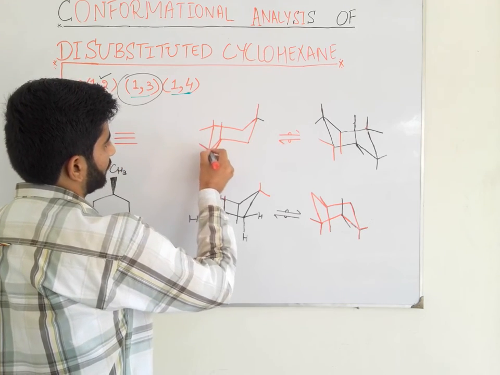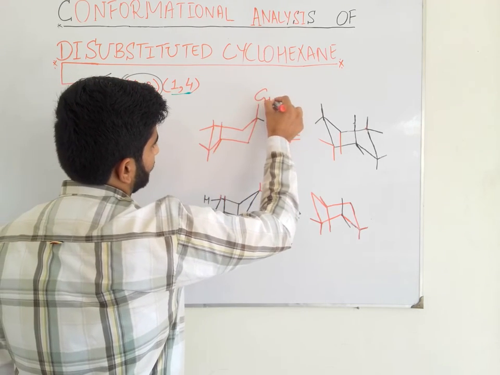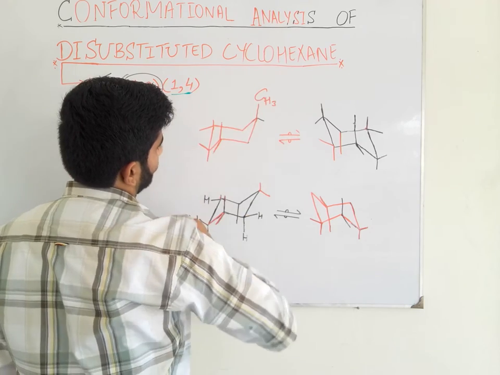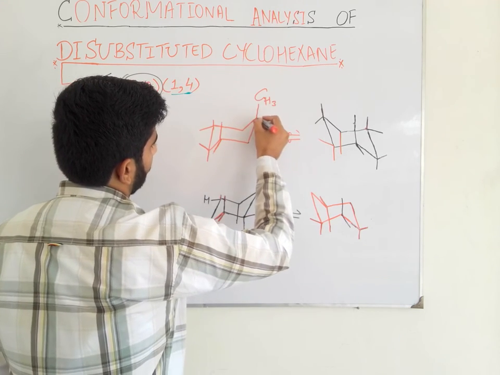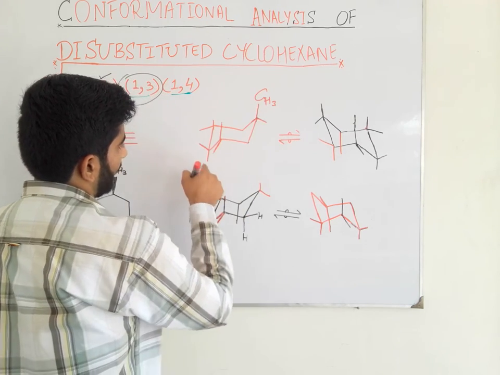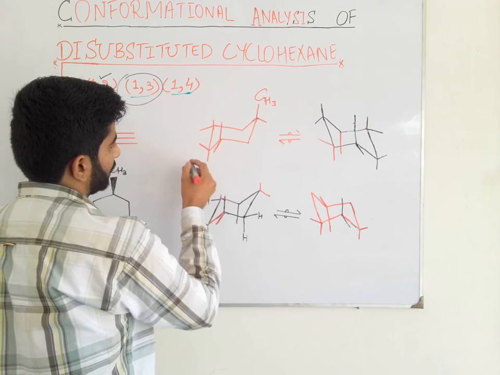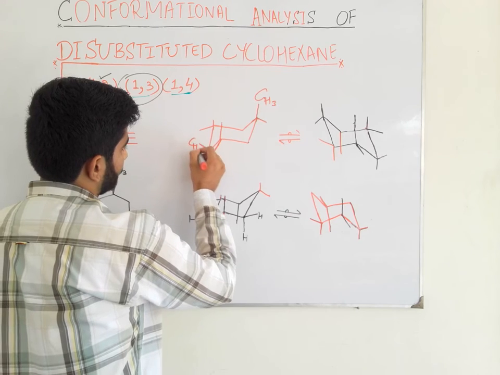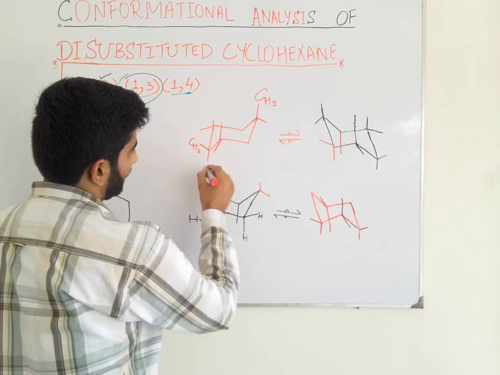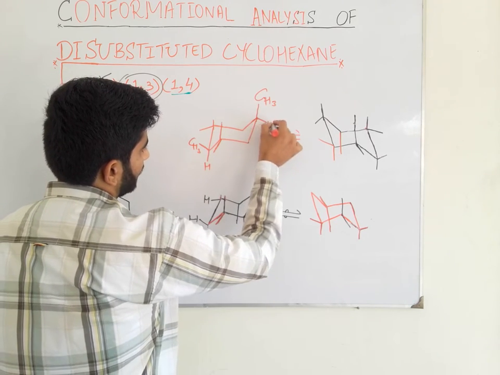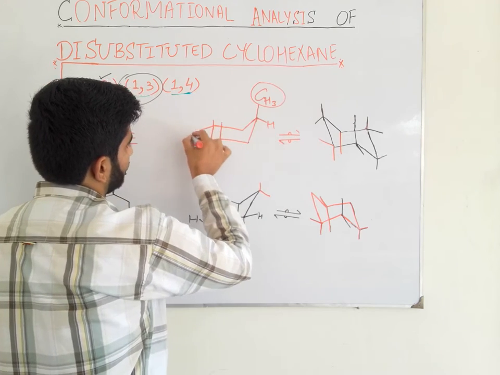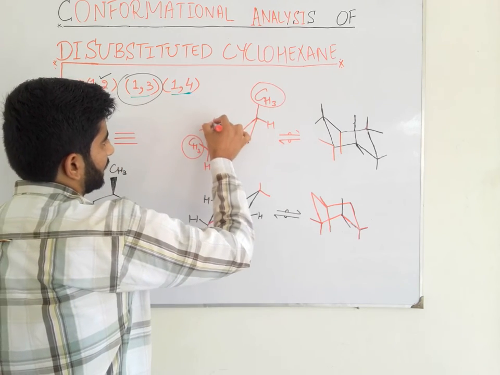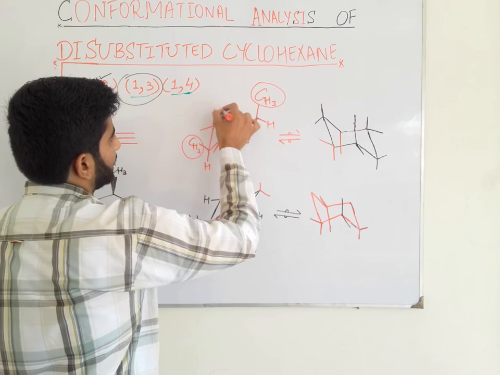At carbon number 1, there is a methyl group in the upward position. At carbon number 4, there is a methyl group at equatorial up position. So it is our cis, because one methyl group is axial up, the other methyl group is equatorial up, and there are two diaxial hydrogens present here.